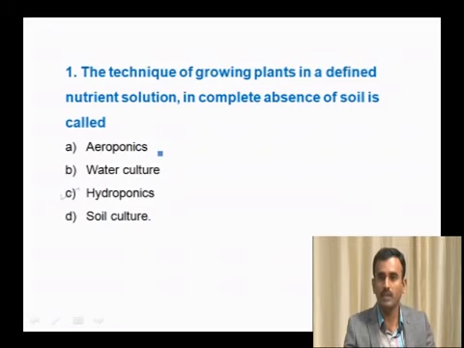Aeroponics is the type of culture where we use only the moisture for growing plants. Water culture is aquatic culture. Soil culture is the actual agriculture, but hydroponics is the technique where we grow plants without soil, only in nutrient solution which contains micronutrients as well as the growth promoting hormones.